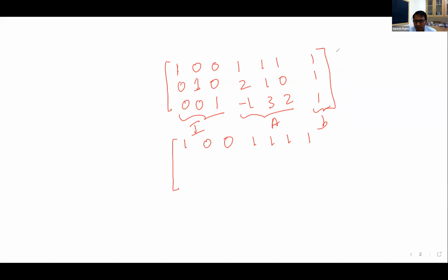This can keep changing. For example, x plus y plus z is equal to 1, 2x plus y is equal to 1, minus 2x plus 3y plus 2z is equal to 1. So we have 4 columns. This is B and this is A.